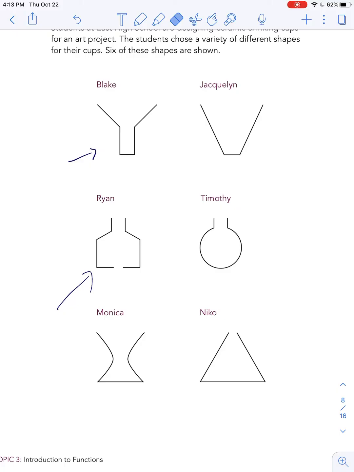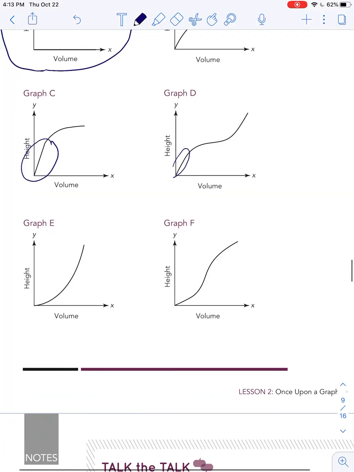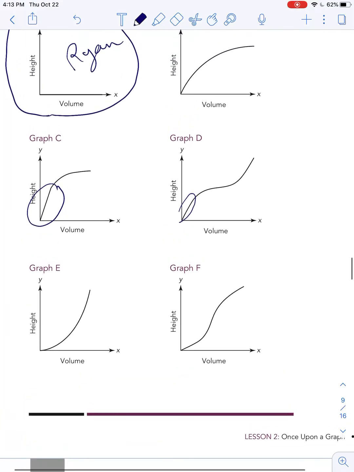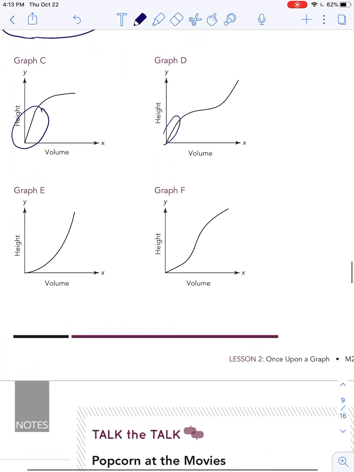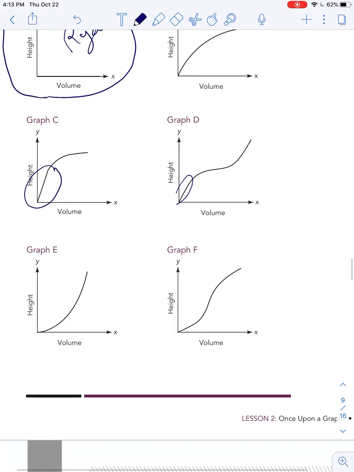Well, let's look at Nico. Wouldn't Nico feel really slow until you get to the tippy top? He would be slow at the tippy top and then fill up quick. So I'm going to go with Nico on one of those two.